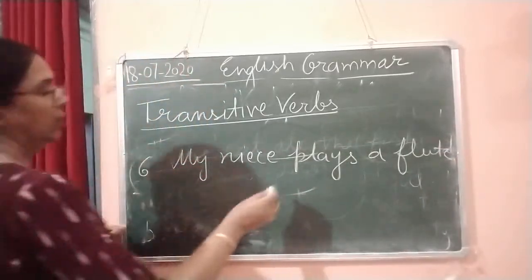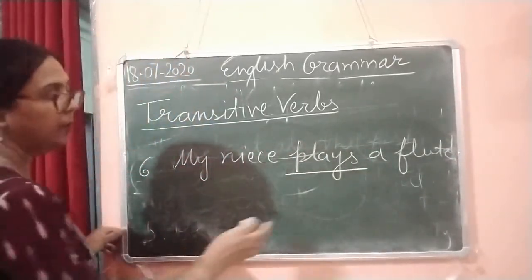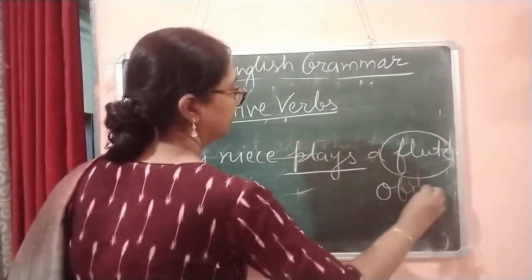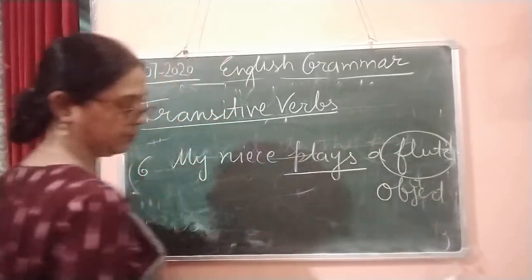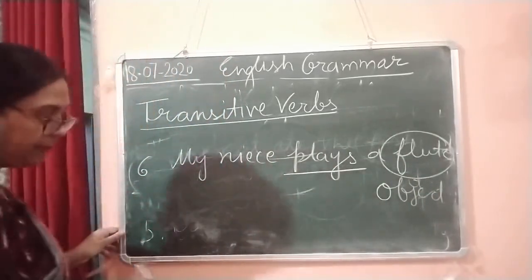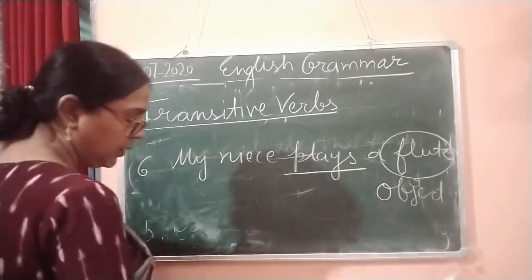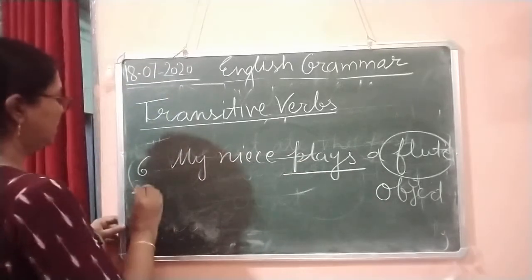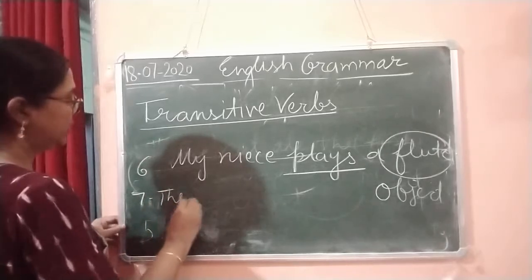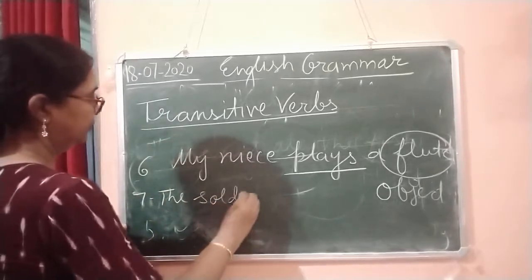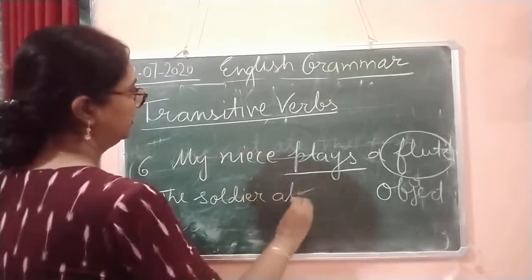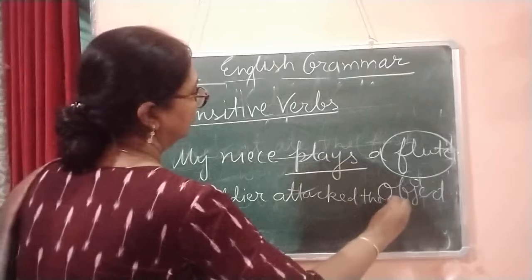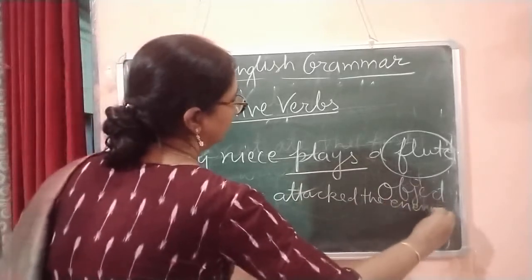So this is the verb and this is the object. Seventh, the soldier attacked the enemy.